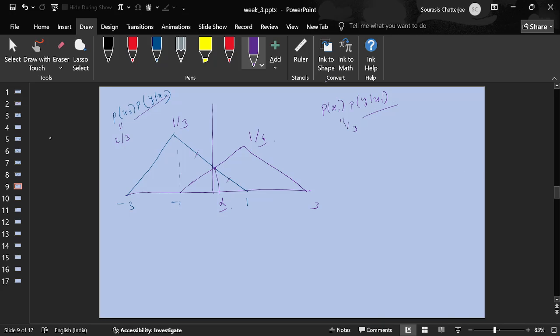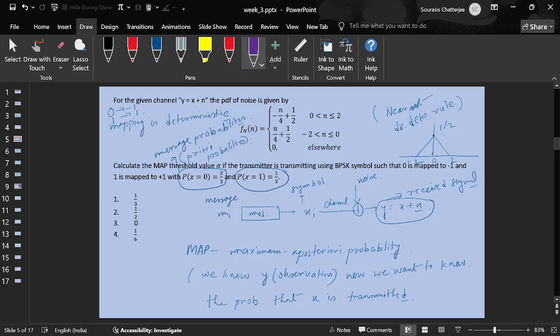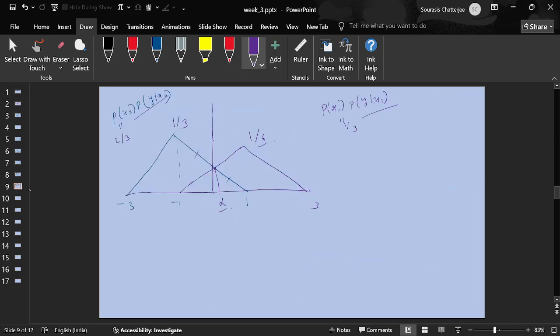True, equate both these expressions. So I need to equate the falling edge of x naught and the rising edge of x1, right?